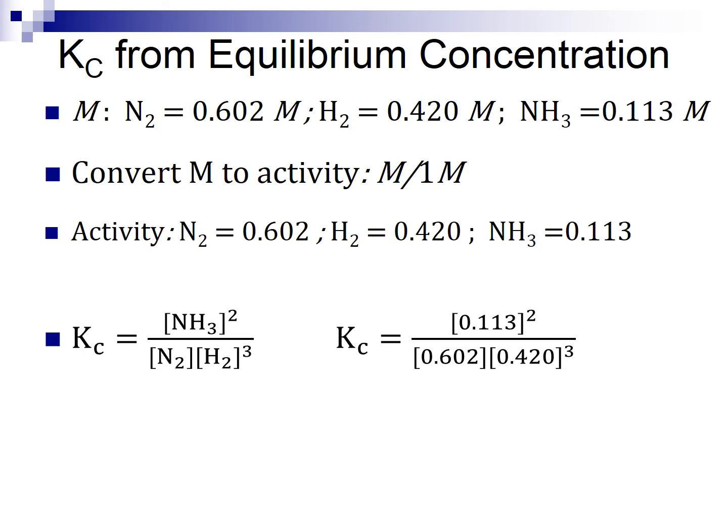These activities can then be plugged into the equilibrium expression of ammonia raised to the 2nd power divided by the product of nitrogen and hydrogen raised to the 3rd power. And if I plug these in, I can plug in 0.113 squared divided by 0.602 times 0.420 to the 3rd, and the final result I should get is a Kc value of 0.286.